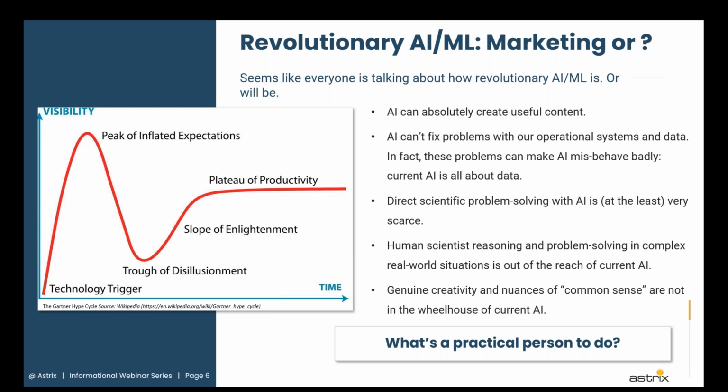We move into a trough of disillusionment, et cetera, before technologies and the adoption of those technologies actually reach a more steady-state, productive, ongoing usage. This general shape of perception about new technologies and technology adoption has been true for a number of different technical spaces.